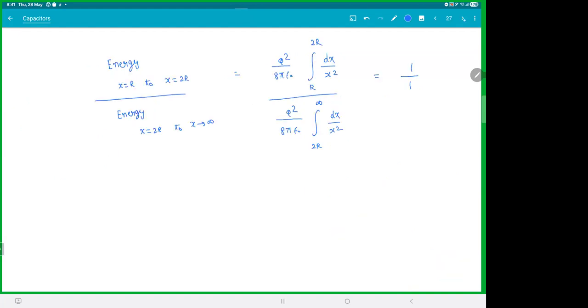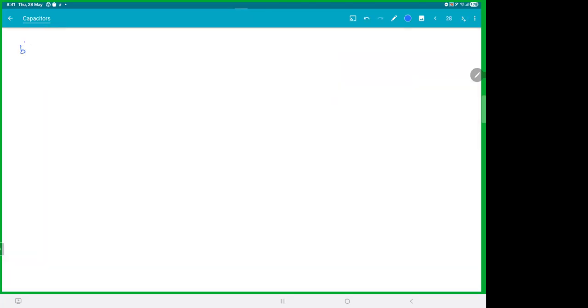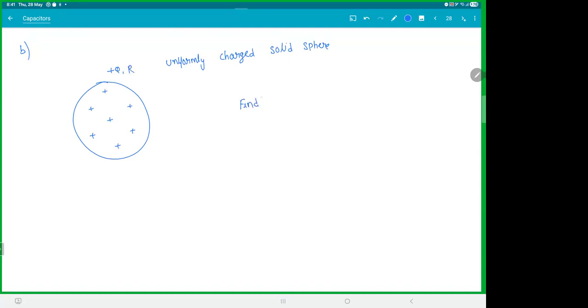Now, based on this, if I ask you a similar question, let's call it the B part. Let's say we have a uniformly charged solid sphere, with charge plus q and radius r. Find the ratio of energy inside the sphere and outside the sphere.